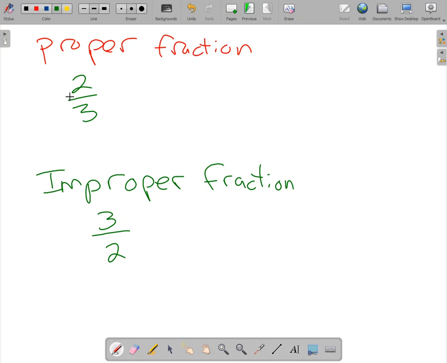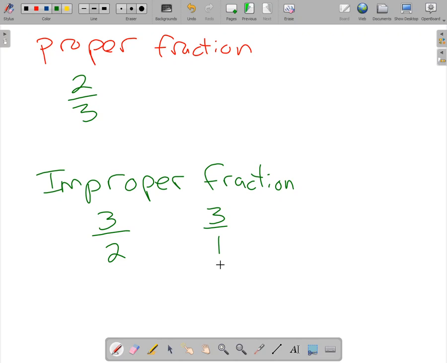How about, let's see, the number 3? Is that proper or improper? Why would it be improper versus proper? Because we assume that it's 3/1. 3/1, yeah. 3 as a fraction could be written as 3/1. Now dividing by 1, nothing happens, so that could be more simply written as 3, but either way it's a fraction.